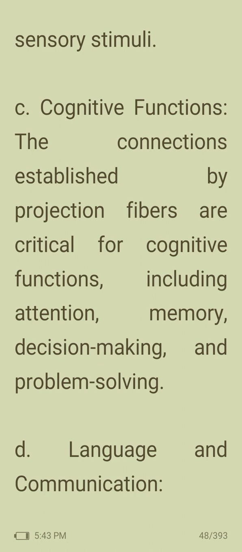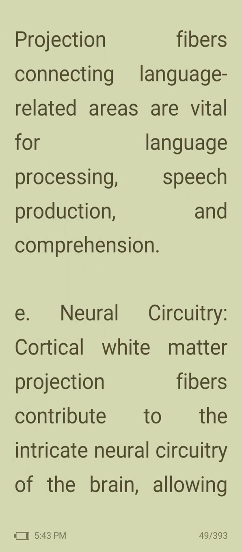Then cognitive functions. The connections established by projection fibers are critical for cognitive functions including attention, memory, decision making, and problem solving. Then language and communication. Projection fibers connecting language related areas are vital for language processing, speech production, and comprehension.